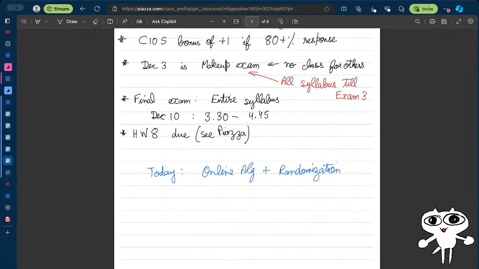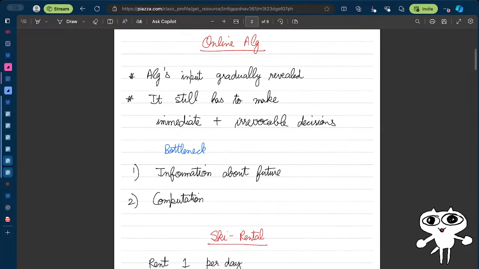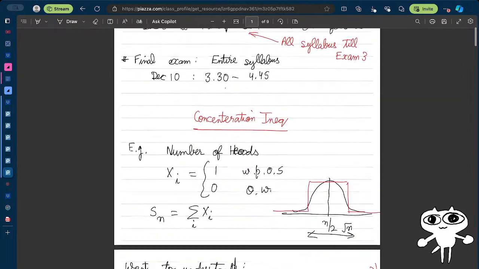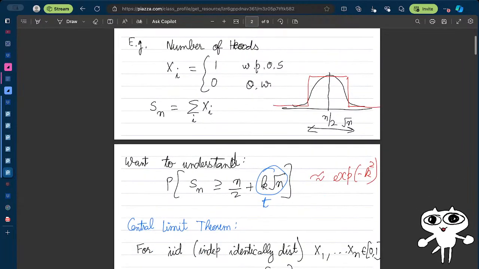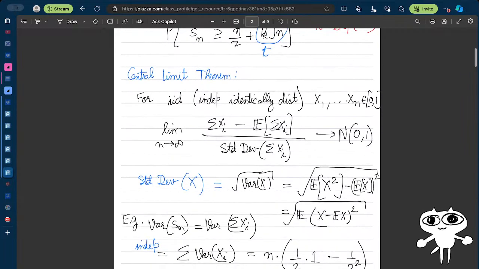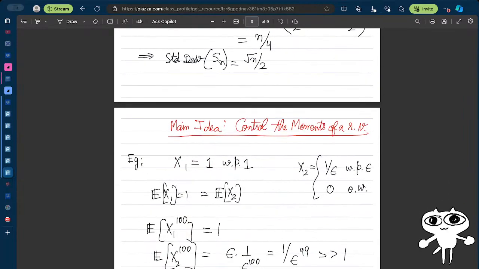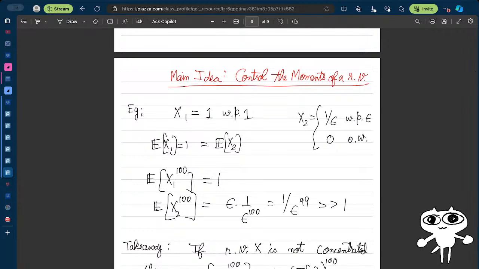Lectures 330 to 445: LP algorithms plus randomization. And what is this one? Concentration inequality. What is this? Number of heads, 1 or 0. Want to understand S_n greater than something. Control the moments of a random variable.